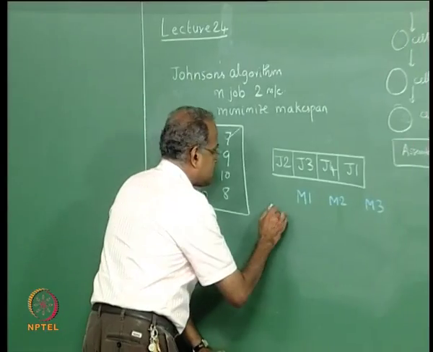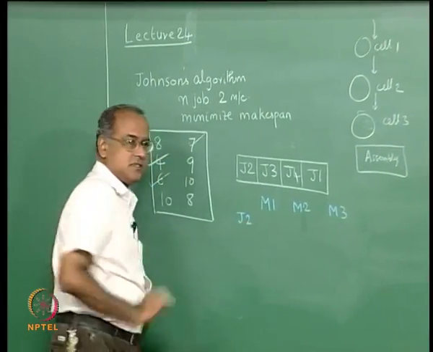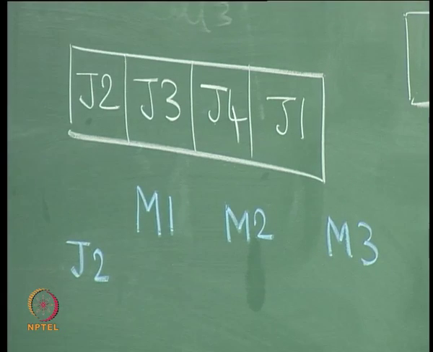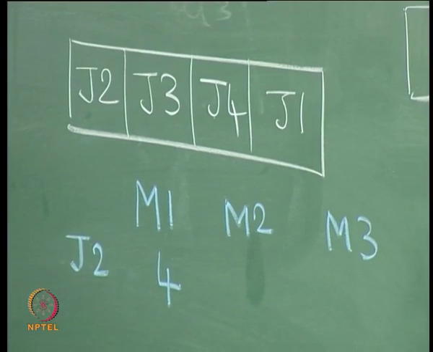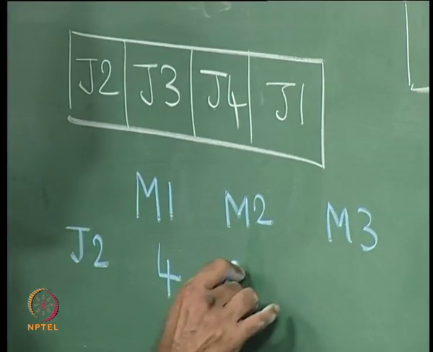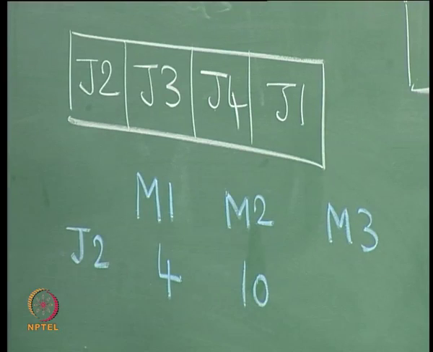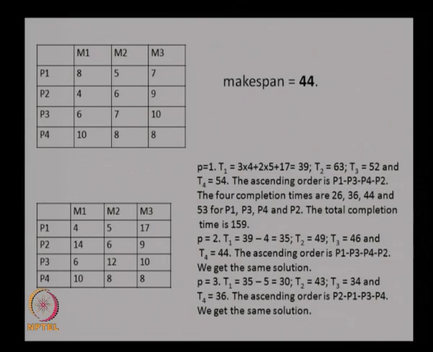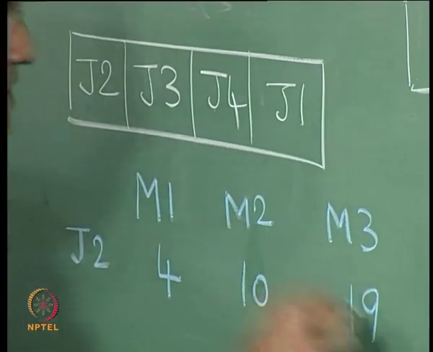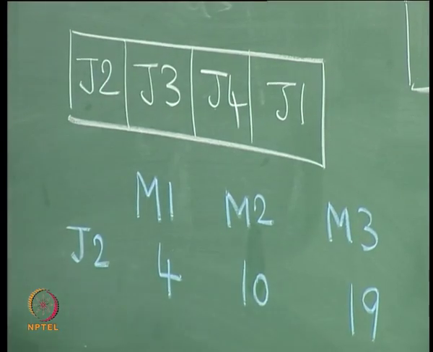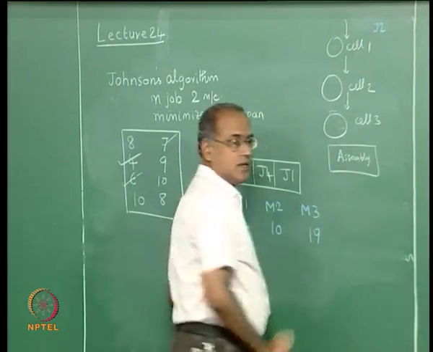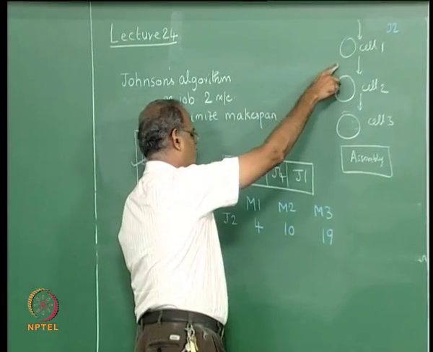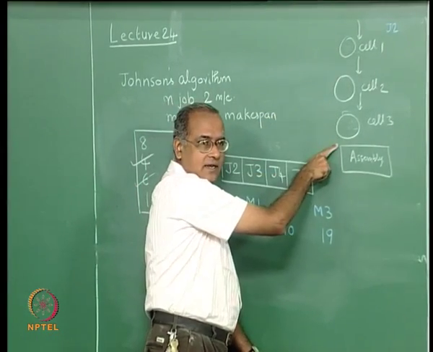J2 comes first, starts at 0 and finishes at 4 on M1, it starts at 4 and finishes at 10 on M2, 4 plus 6, 10. The third processing time is 9, so it starts on M3 and finishes at 19. So, in this sequence the first one will be J2, at 4 here, 10 here, 19 here.